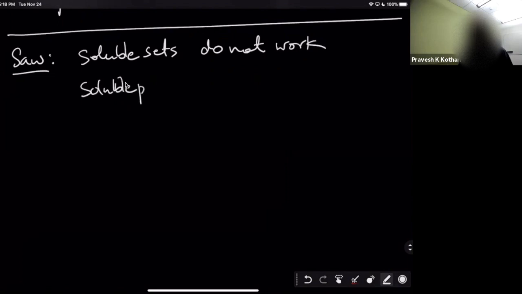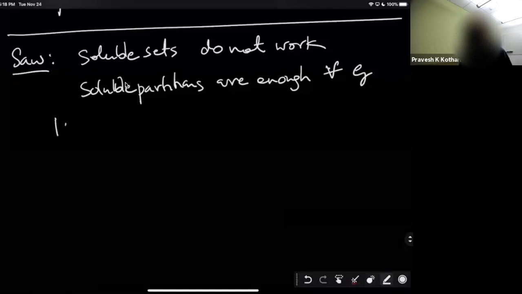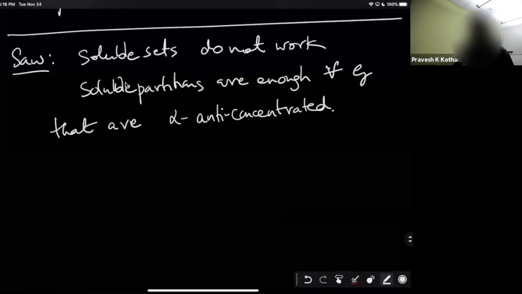Soluble partitions are enough for all good sets that are alpha anti-concentrated. But we are not done. We are still in certificate land, and of course we are not done for algorithms by a long shot. But we are also not done in our task of building a certificate, finding a certificate for a certifying algorithm, because soluble partitions need not exist, as we observed earlier.